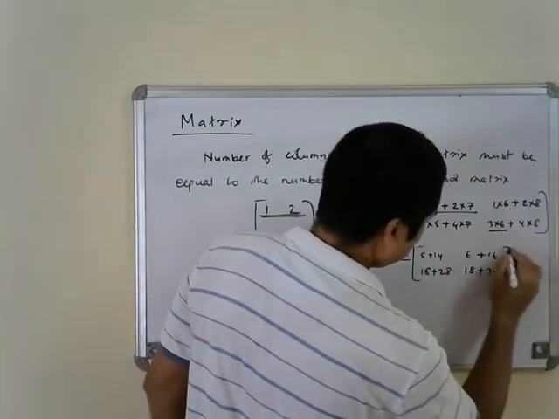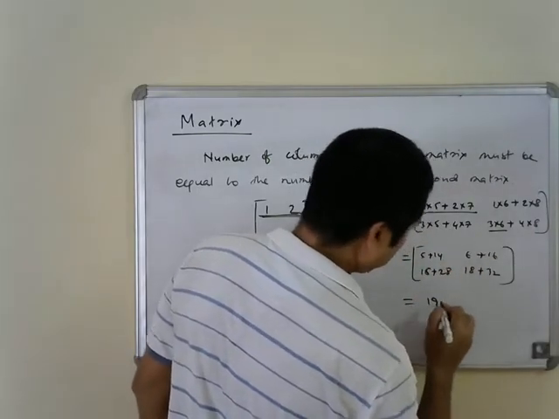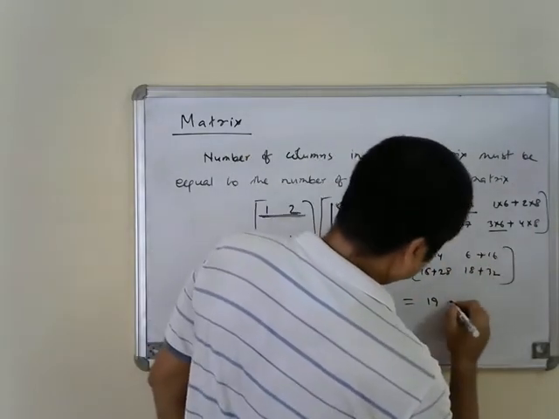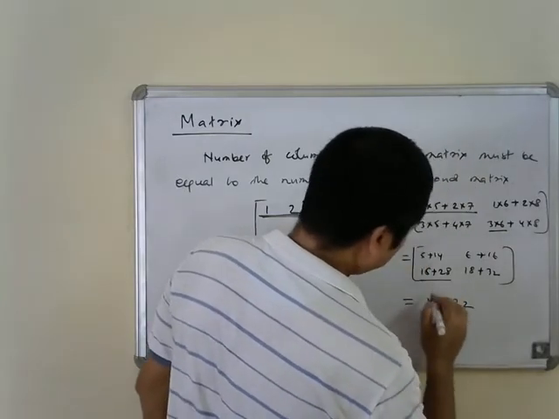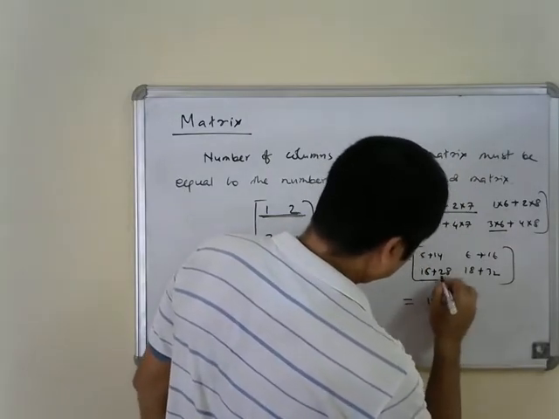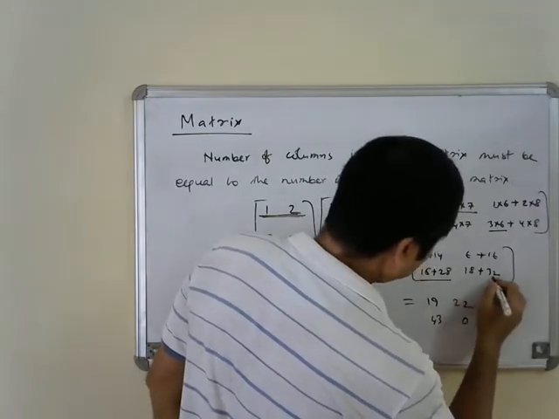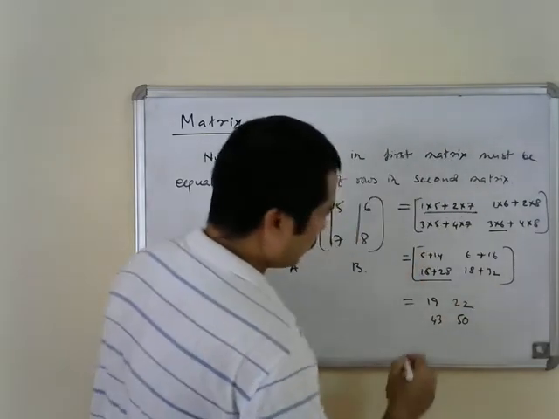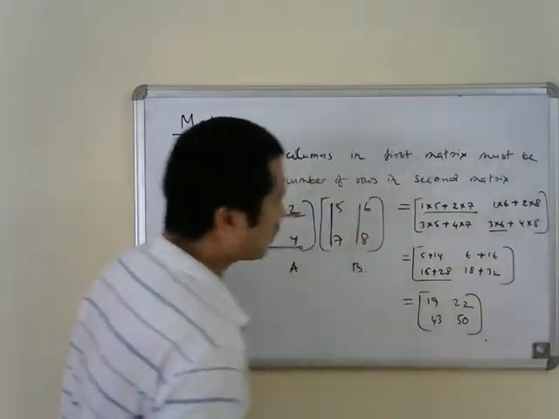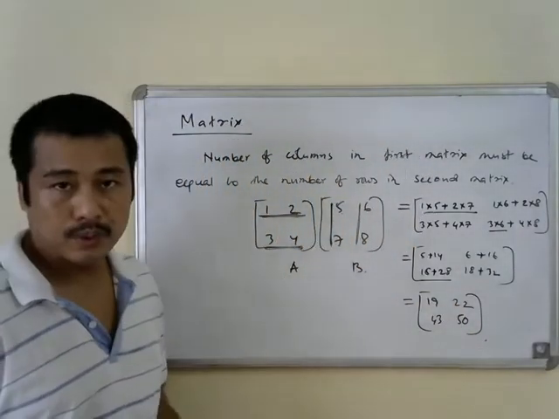So you can get this to be equal to 19, and this is going to be equal to 22. So this is going to be equal to 43, and this is 50. So this is what we get by multiplying these two matrices.